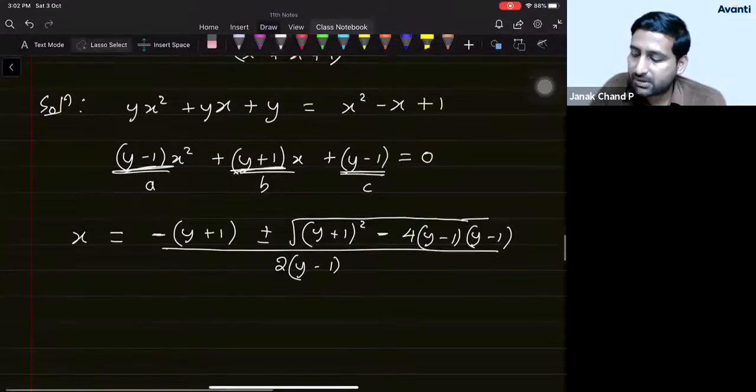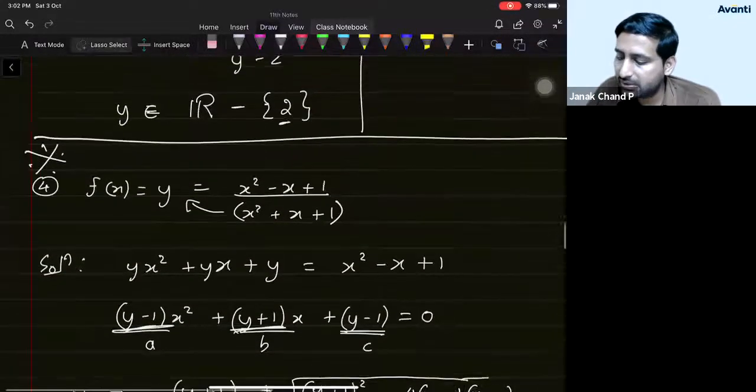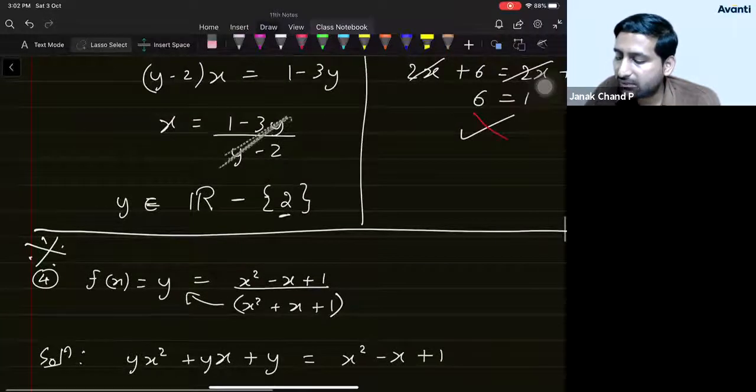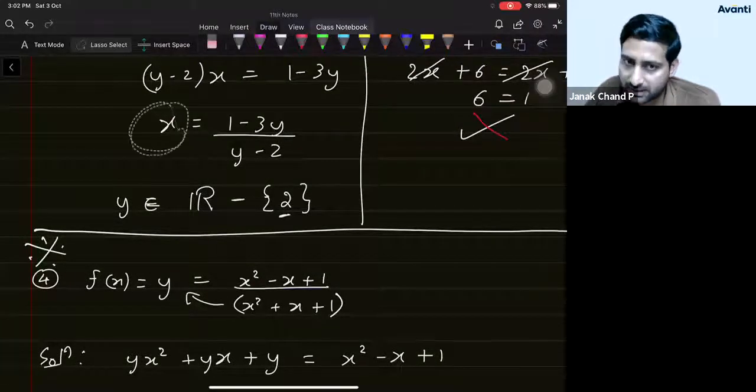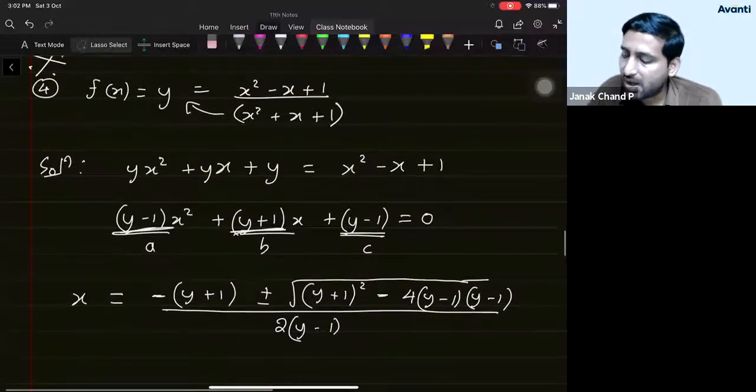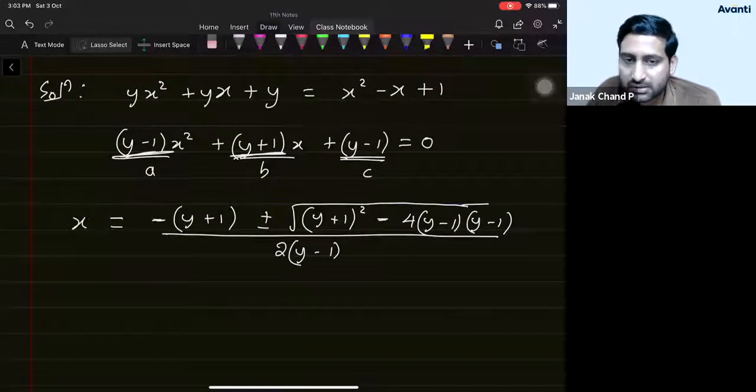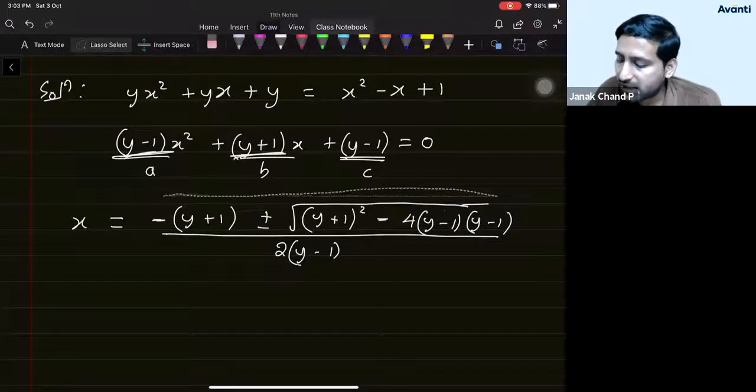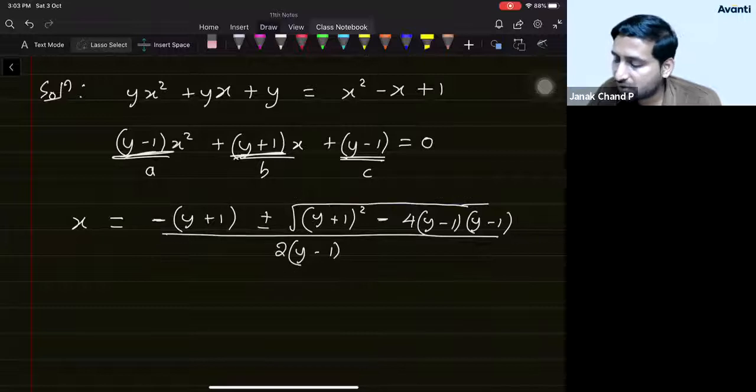Now, student, what we should do is exactly the same thing. What we did was, we need to think what are the values of y I can put here so that this is real. Yes, same thing, student. What are the values of y? But there are more presences of y here. There's a y here, here, here, as well as here. So what are the values of y I can put on the RHS so that this x is real? That is what we should do now.